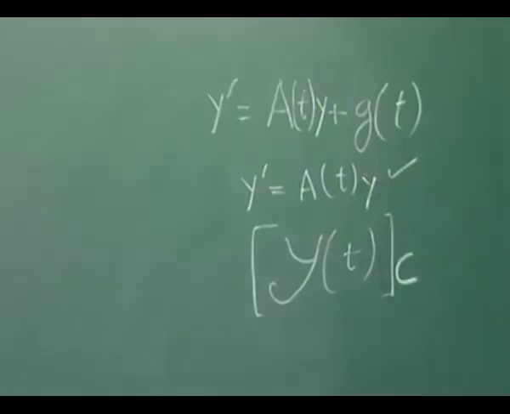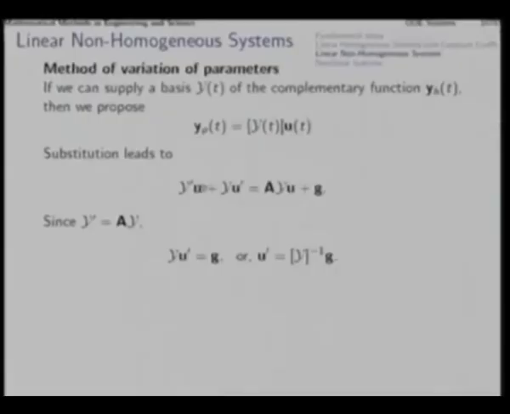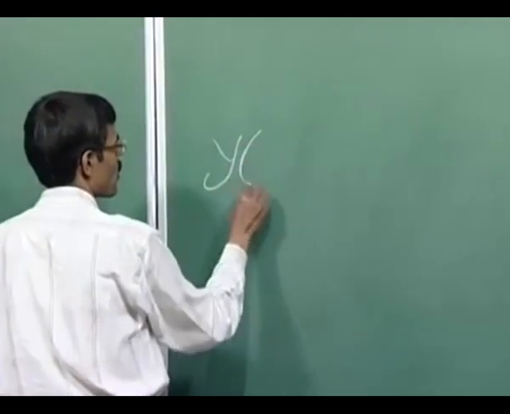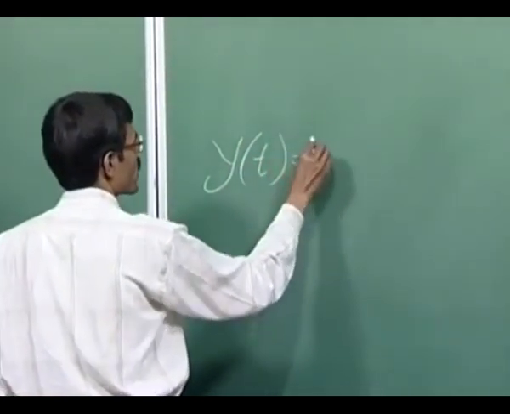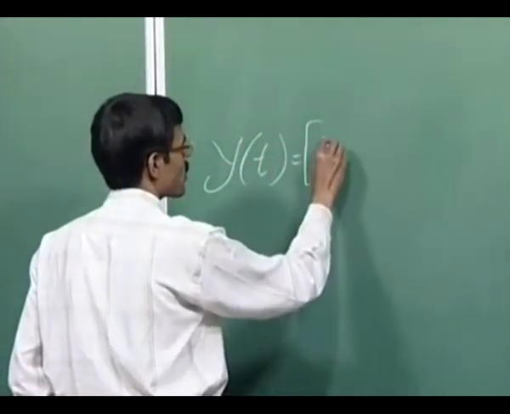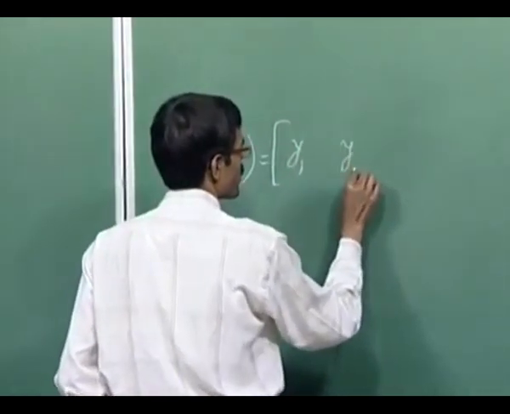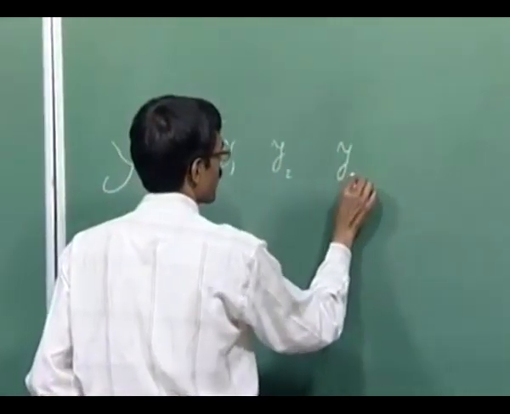Now, note what we are getting from here. What is y? Y is this large Y, which is essentially the matrix formed by y1, y2, y3 etc. as columns, right.